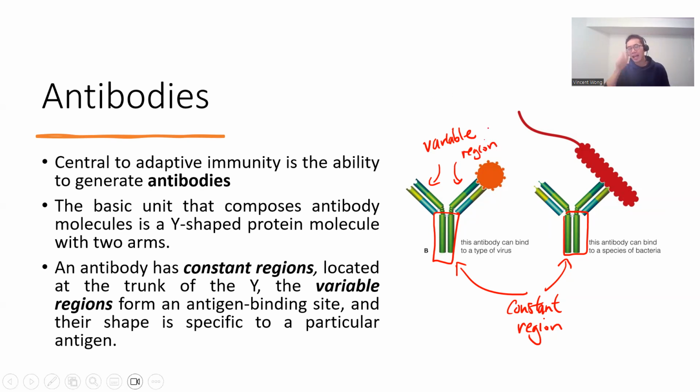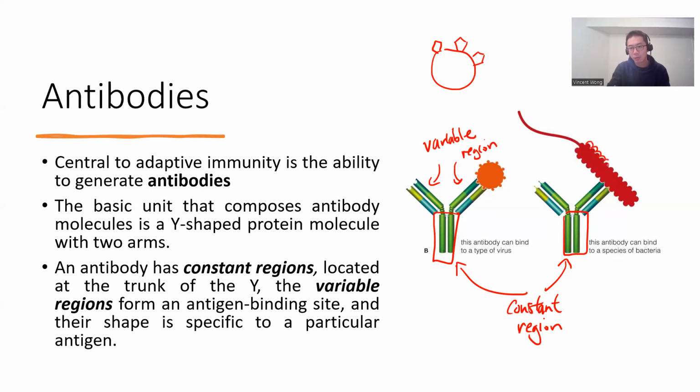That's going to determine what kind of shape you can grab onto. We already learned about this a little bit in lecture 2. If you make an anti-A antibody, it will recognize the A protein. If you take a closer look at the picture, this virus has little pentagons on it. The antibody will recognize that particular shape. This antibody on the left will not work for the red bacteria here, because it doesn't have the pentagon.